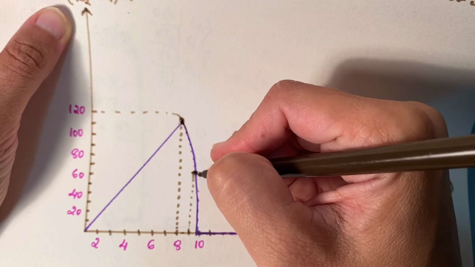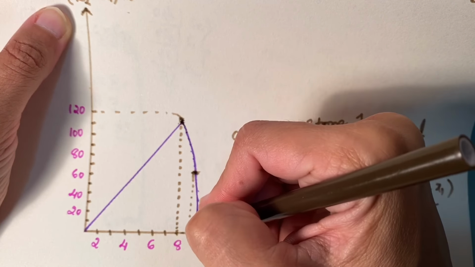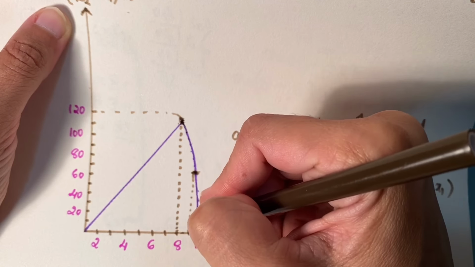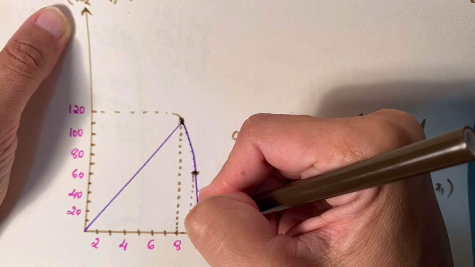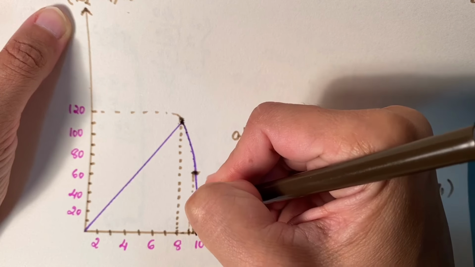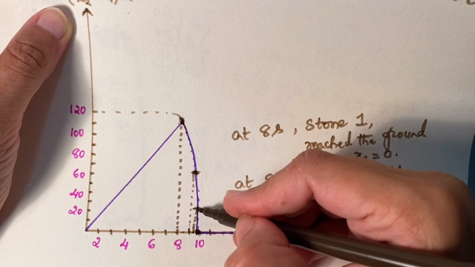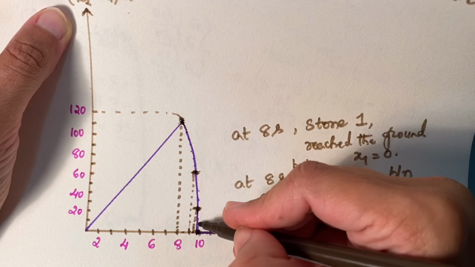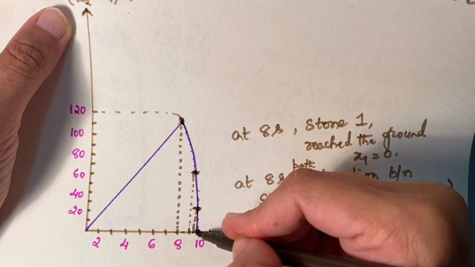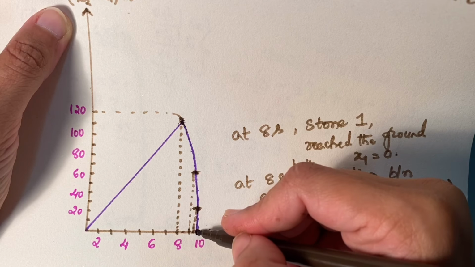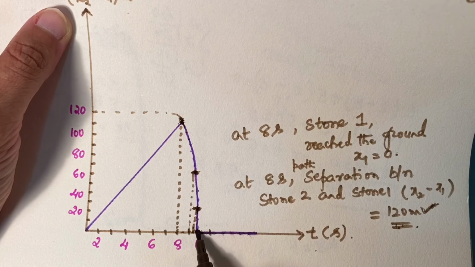So it is at about 60 meters from the ground now. At 9.5 seconds, the distance is about 30 or 20 meters from the ground. At 10 seconds, stone 2 has reached the ground.